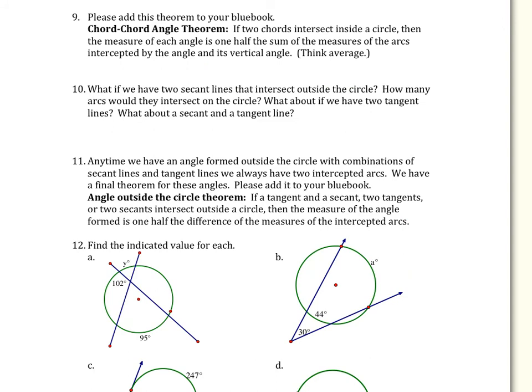And it just says that if we have an angle in a circle that is not a central angle, because we already know what happens with the central angle, then we just take the two arcs that the chords are intercepting and average them. And that's going to get me this angle right in here and this angle right in here.